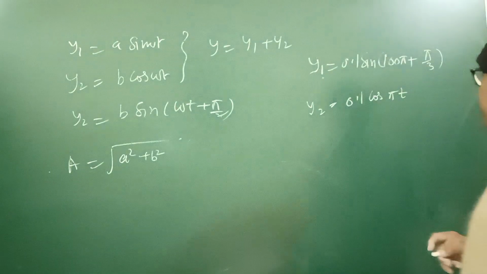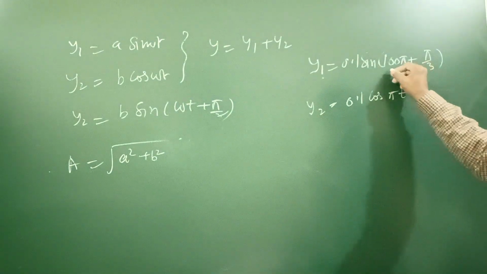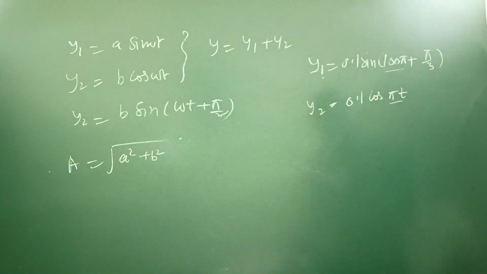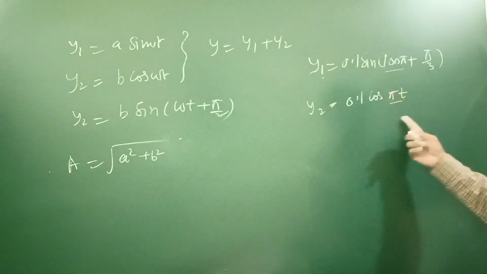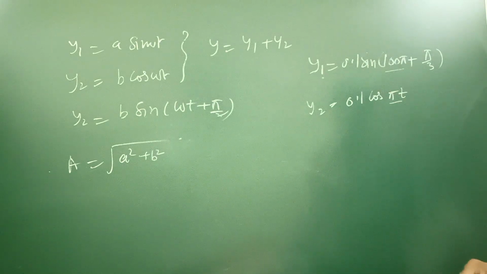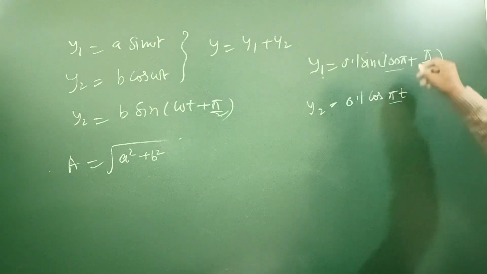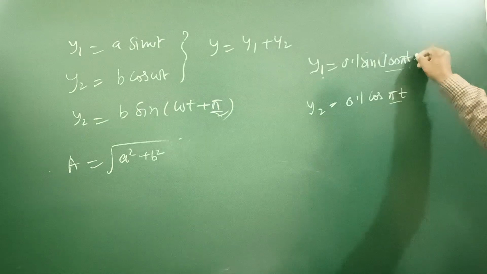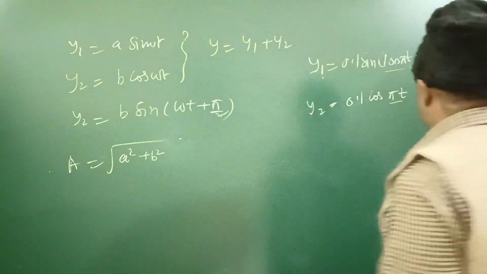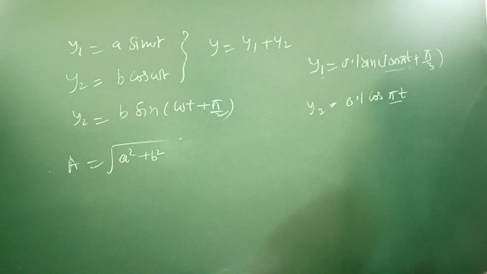But we can compare the phase only if the frequencies are the same. In my opinion, they should write what is the initial phase difference, if it is pi t only, not 100 pi t. Because when we subtract, something is left. So we should write initial phase.